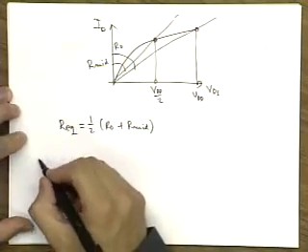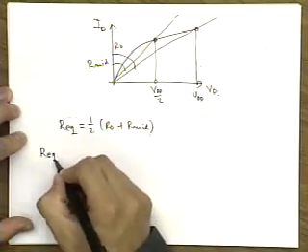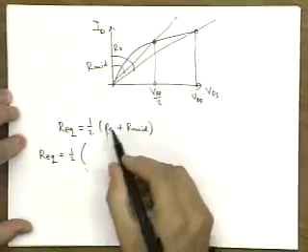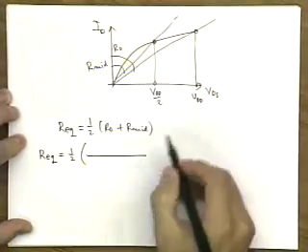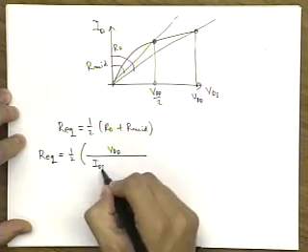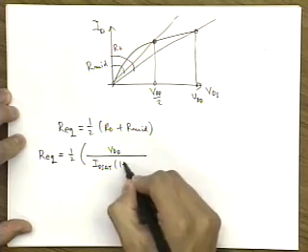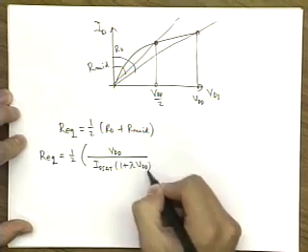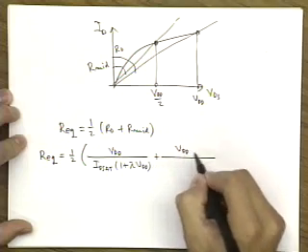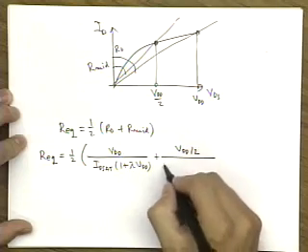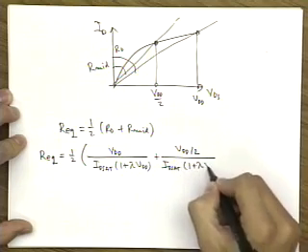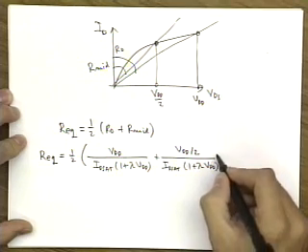So your R equivalent is equal to 1/2 of R naught, where VDS is equal to VDD, and you have VDD over ID sat times 1 plus lambda VDD, plus the other point at VDD over 2, over ID sat times 1 plus lambda VDD.